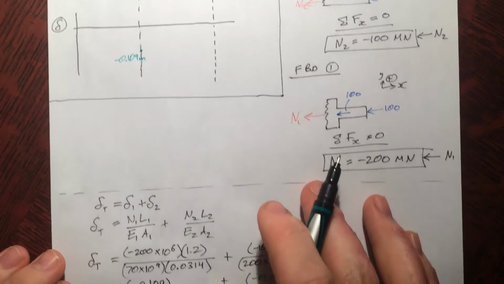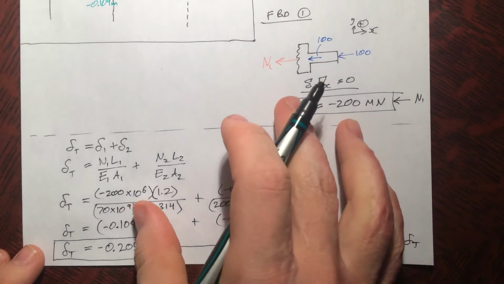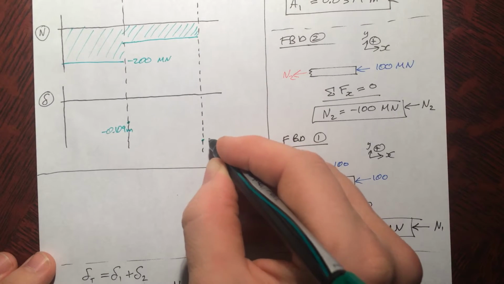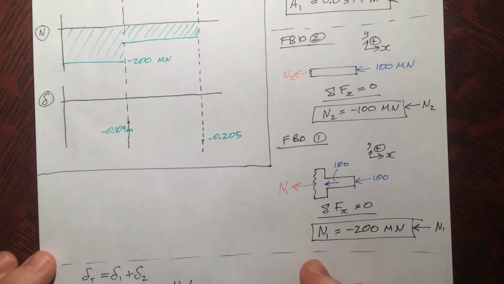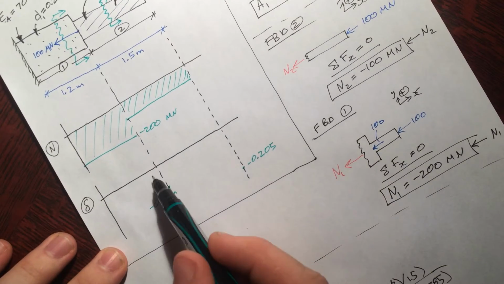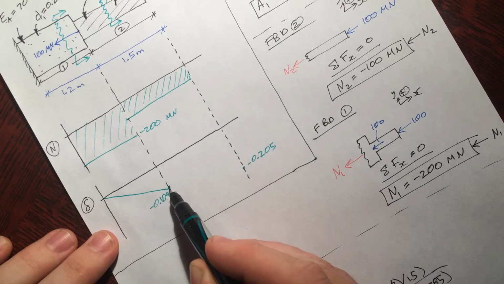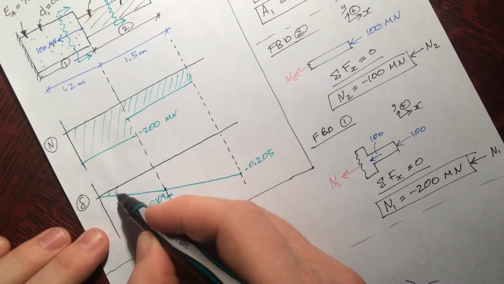Okay. And the delta total is negative 0.205 meters. Alright, so it's a little bit further down here. Not quite double the distance. So this one here is going to have a slightly steeper slope, and this one here is slightly shallower. There we go, it looks just like this.